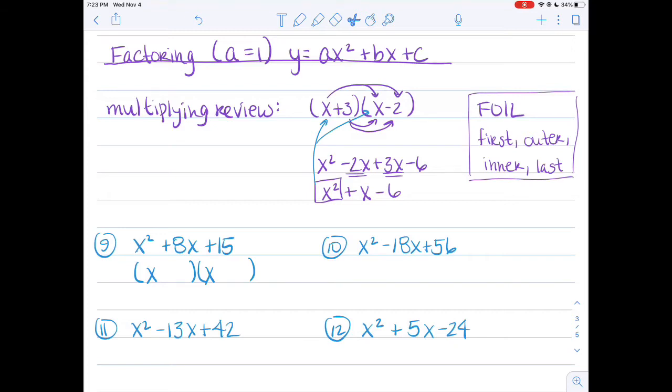The other thing I want to notice is that I have a -6 at the back end, and that's from multiplying my last terms together, my positive 3 and -2. So thinking about that pattern, I'm looking for two numbers that are going to add together to give me the middle number, but multiply together to give me the last number.